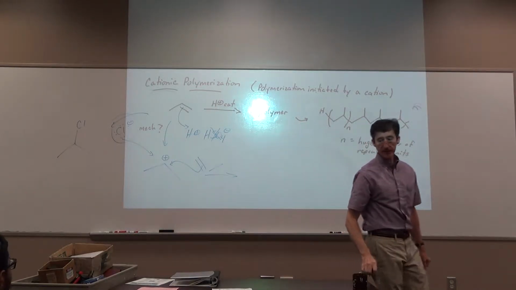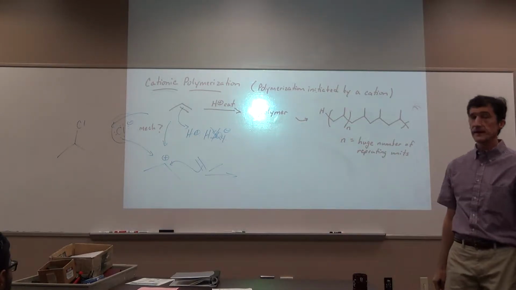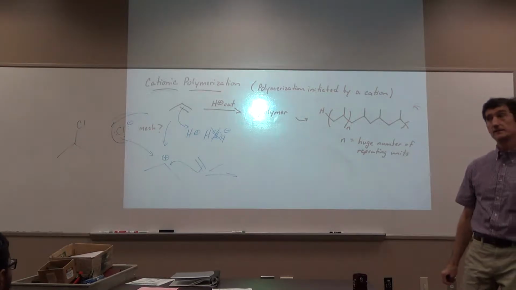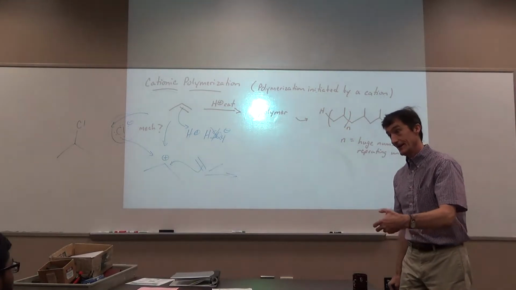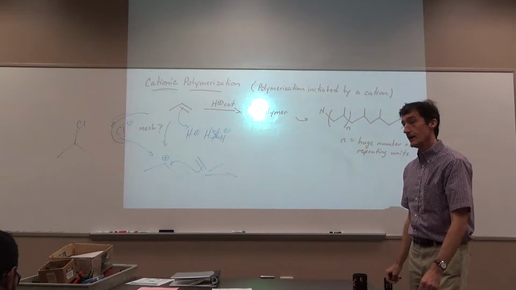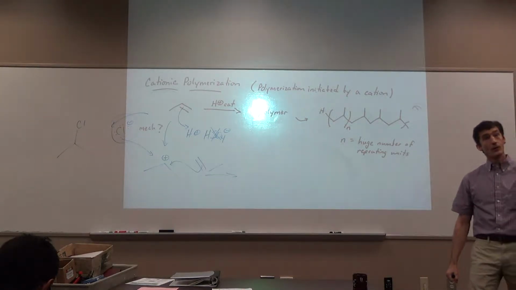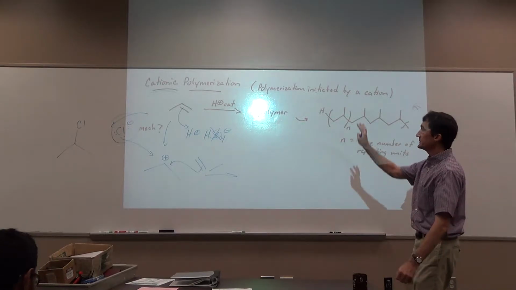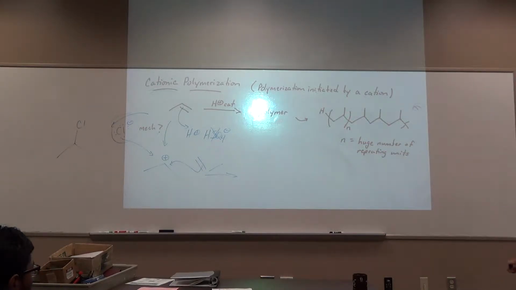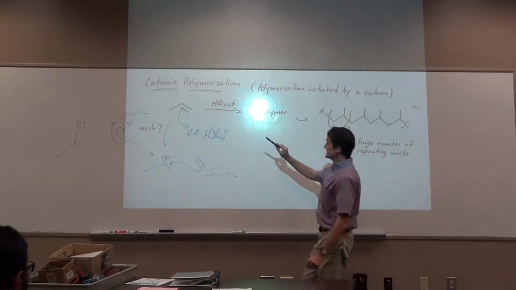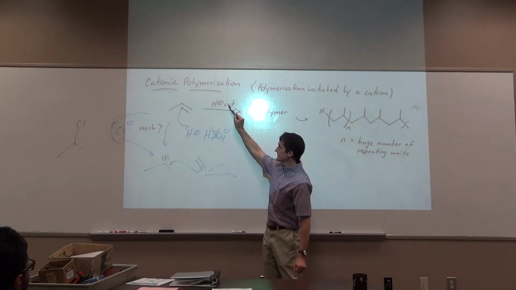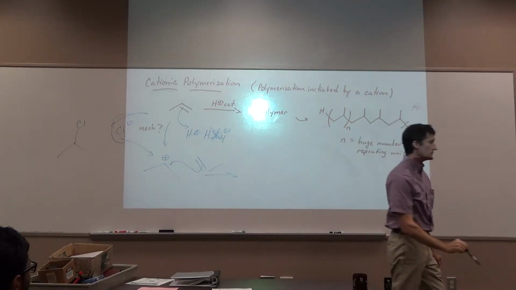What if the polymerization was initiated by the anion? What might you want to call it? Anionic polymerization. What if it was initiated by a radical reaction? Radical polymerization. This is an example of a cationic polymerization because it's initiated by a cation, which was the H plus catalyst. CAT does not stand for cation, that stands for catalyst. But H plus is also a cation, right?